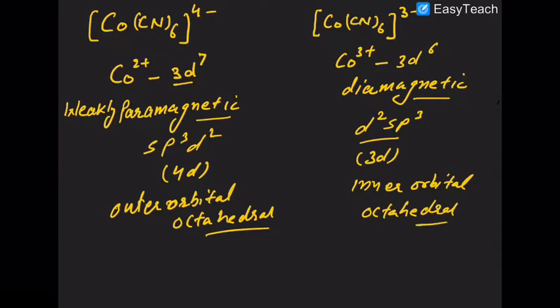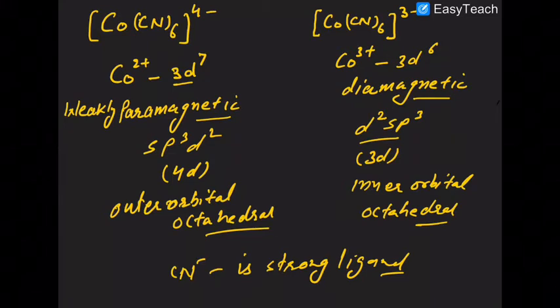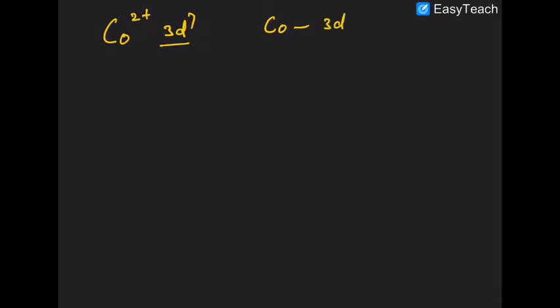Look at why it happens. Now cyanide is a strong ligand, so it means here the charge on the cation dominates over anything else. In this case cobalt 2+ is 3d7. Actually the cobalt configuration is 3d7 4s2, so these two electrons are lost and it becomes the cobalt 2+ cation.